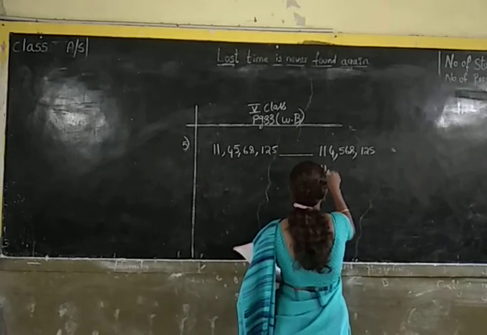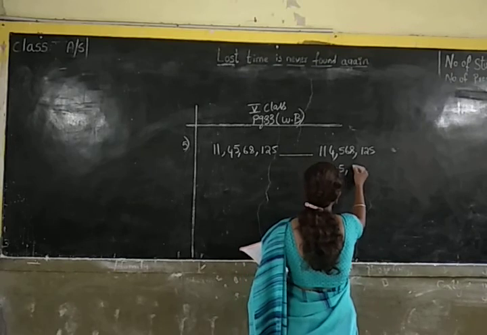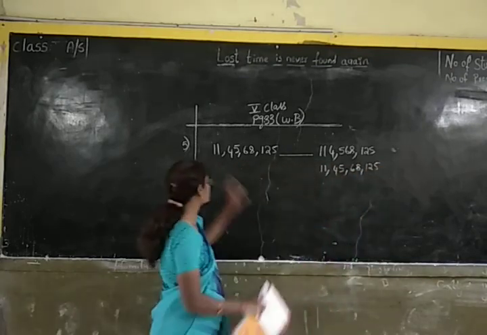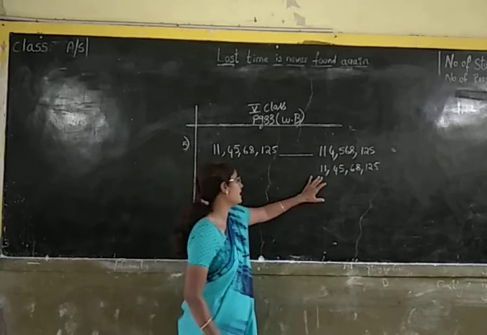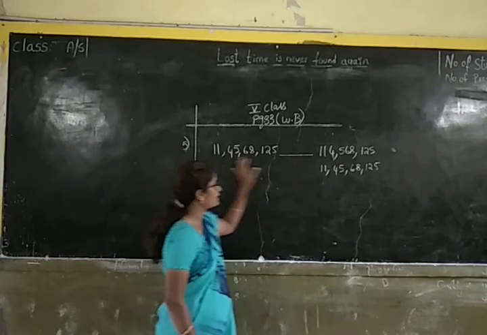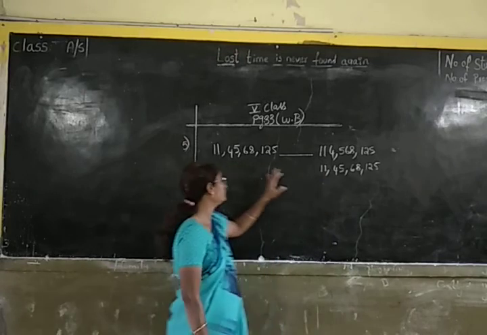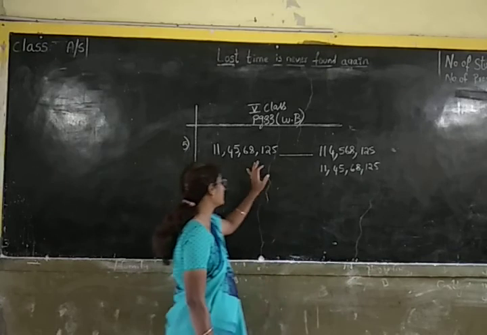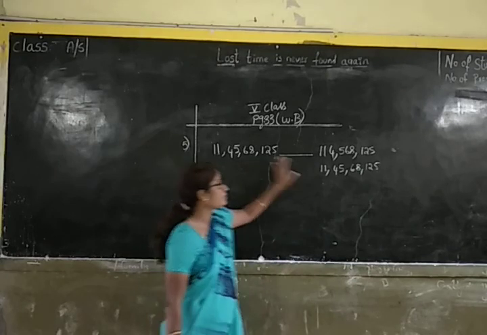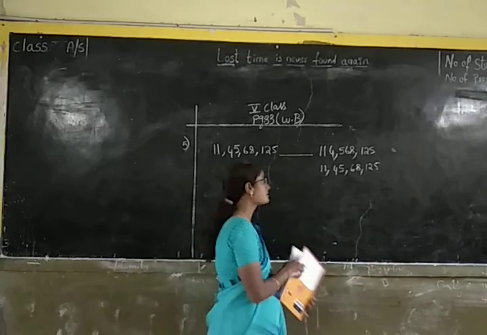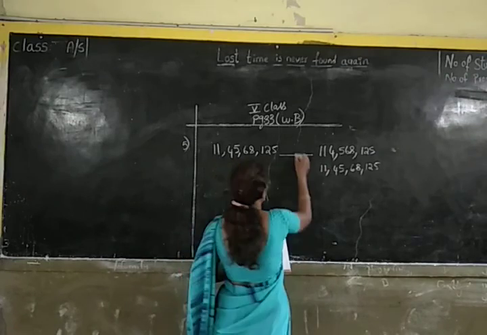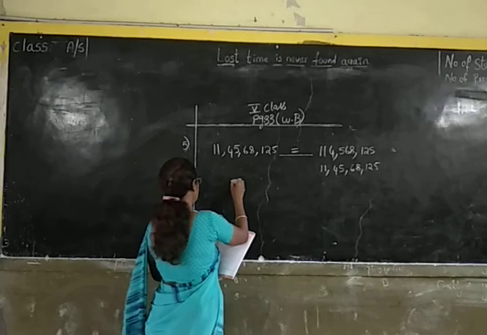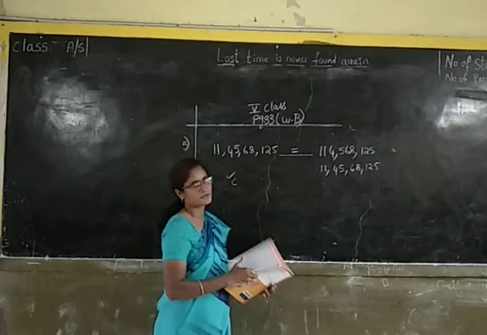Okay. 11 crores 45 lakhs 68,125. In the crores period, both the numbers have 11. In the lakhs period also, both the numbers have the same numbers. In the thousands period also, both have the same numbers. In the ones period also, both have the same numbers. Okay. So you have to put the symbol equal to. Equal to is given in the option C. So all of you tick the option C.